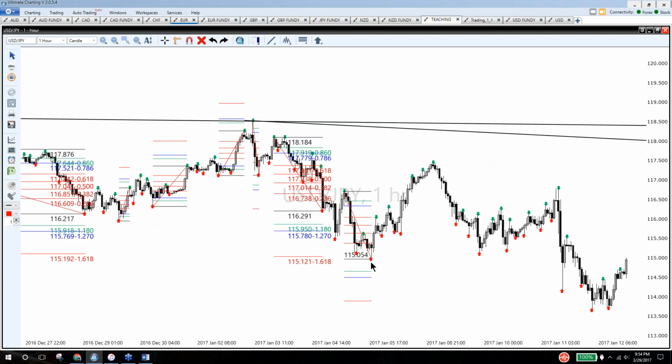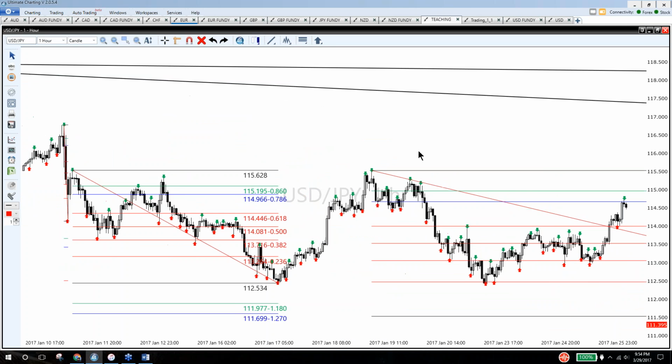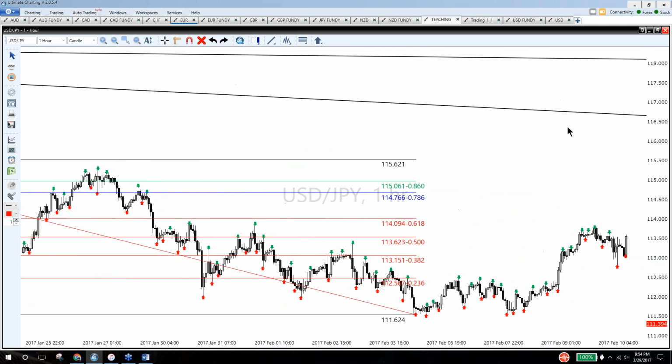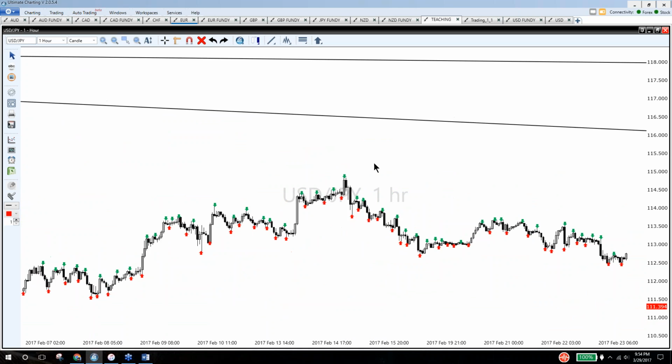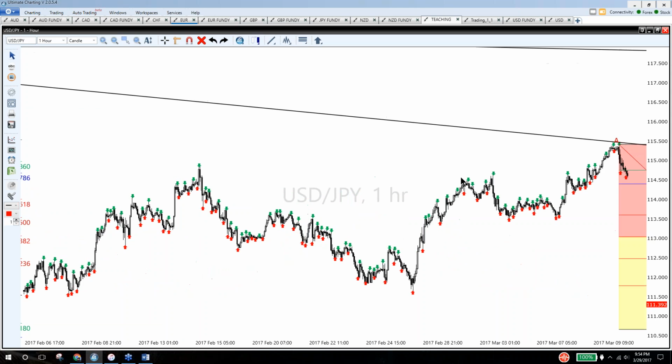Down AB boundary gets taken out, reverse. Right? Up AB boundary gets taken out, reverse. Okay, down ABCDs, I believe this will take us all the way to current, if I'm not mistaken. Yep.